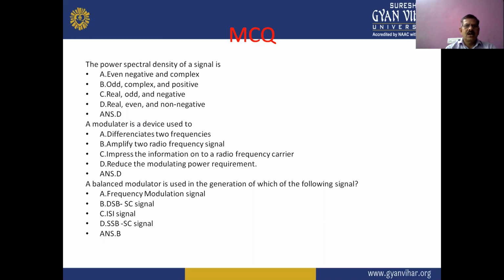First one is the power spectral density of a signal is option A even, negative and complex, option B odd, complex and positive, option C real, odd and negative, option D real, even and non-negative.